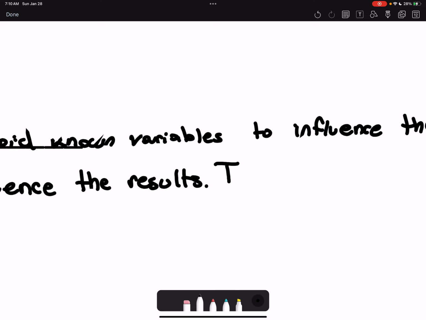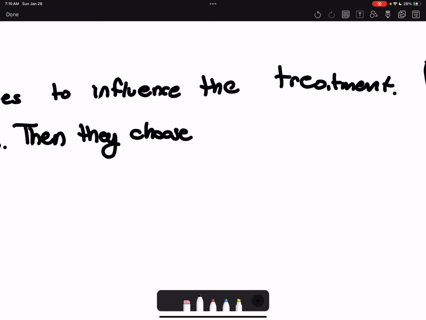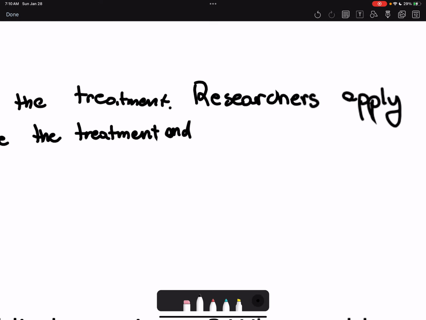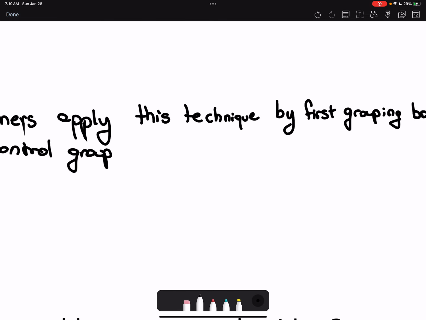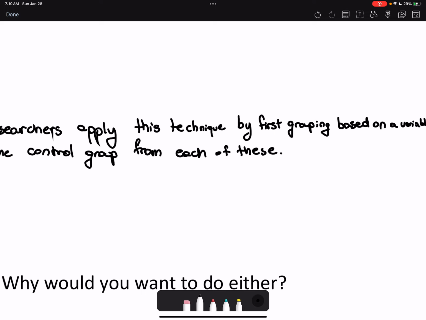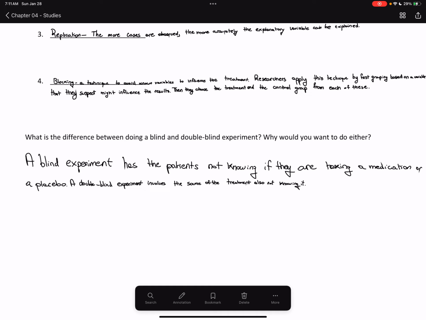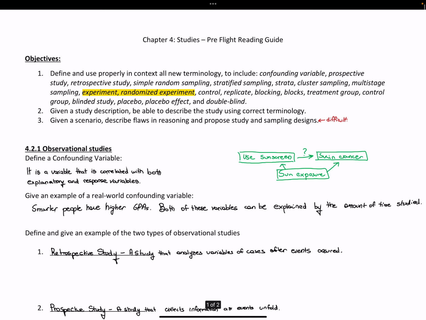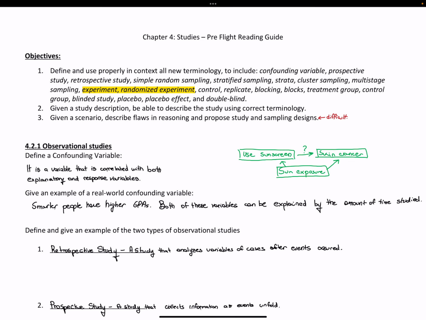Then they choose the treatment and the control group from each of these groups. All right, so what else? We talked about blocking. Blocks, that's what these groups are called.